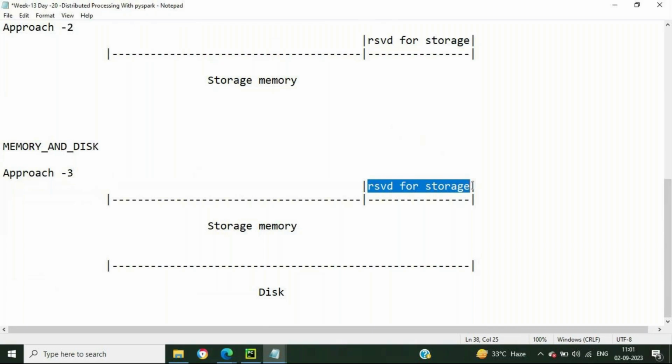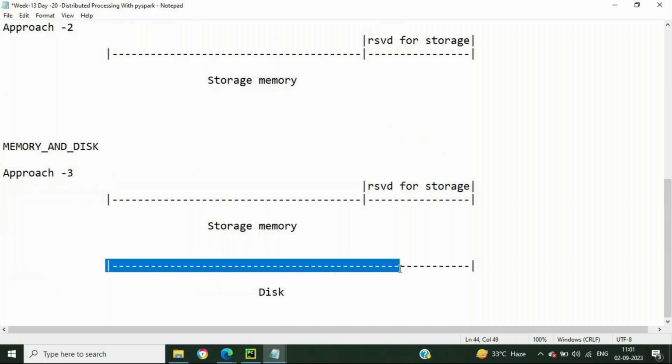The data frames which are being utilized heavily are cached inside the memory, and the remaining portion, having least usage, is stored onto the disk.